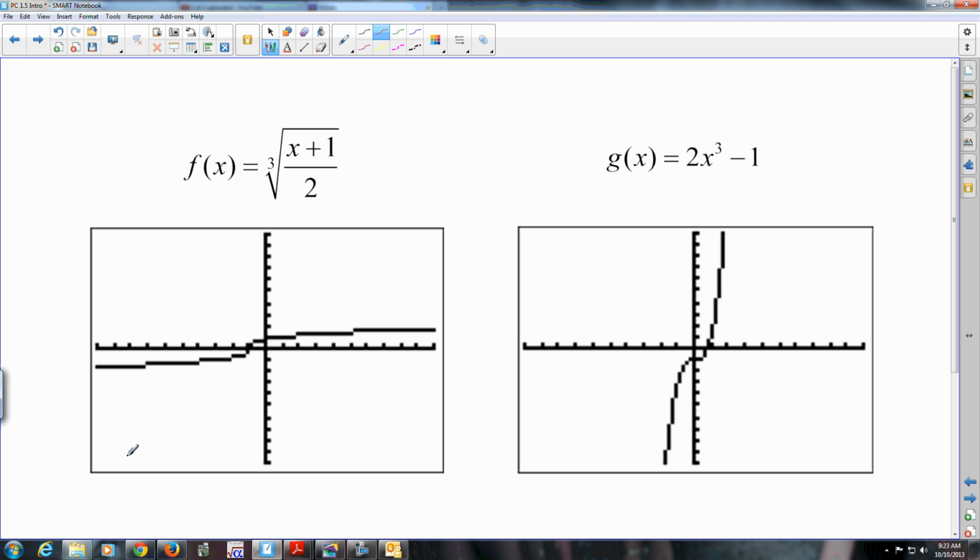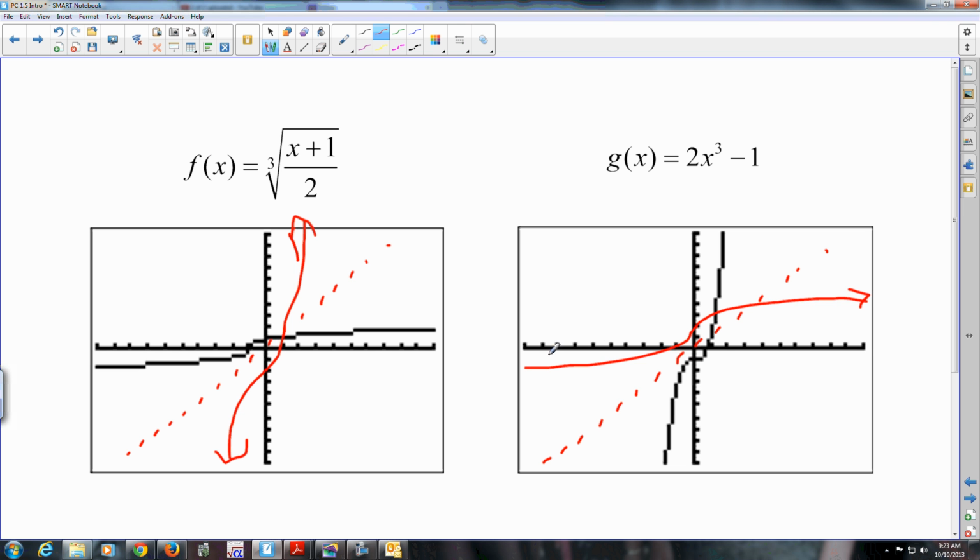Sticking with that idea, if I were to reflect this, these are the original two equations that I had up there, and if I reflect them over the line y equals x, you can see that they're reflections, that this graph is going to come over here, and this one is going to come along like this, if you reflected it over the line y equals x.